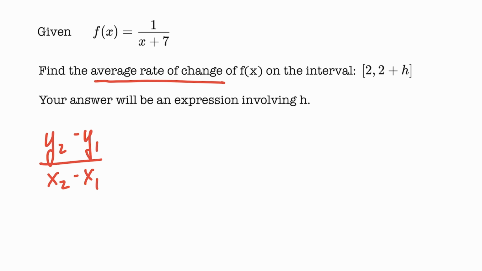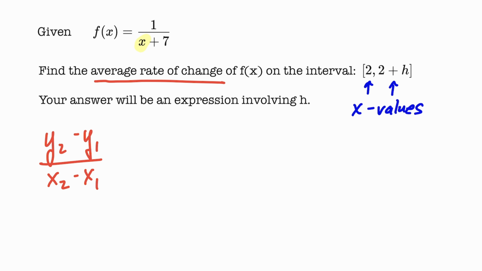So the interval that we've been given, the 2 to 2 plus h, it's important to remember these are both x values because it's an interval. Some people confuse this with being an x value and a y value, but no, these are actually both x values. So to make these x values into ordered pairs, we're going to fill each one of these x values in for the x in our original function.